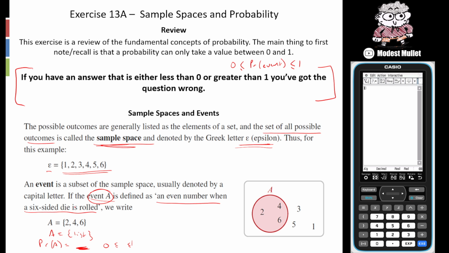So if we just have the letter itself, the name of the event, then we have to write a list. If we've got probability of it, then we're actually calculating the probability. And we've got a Venn diagram over here to represent that situation.